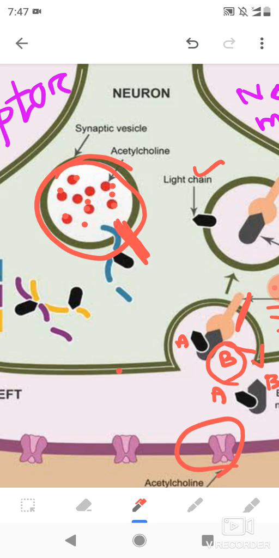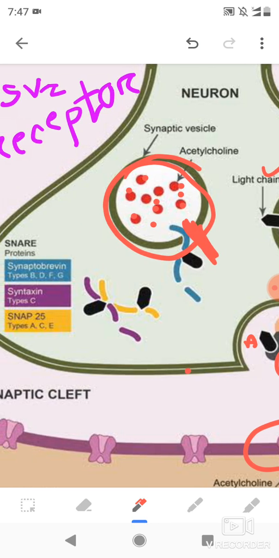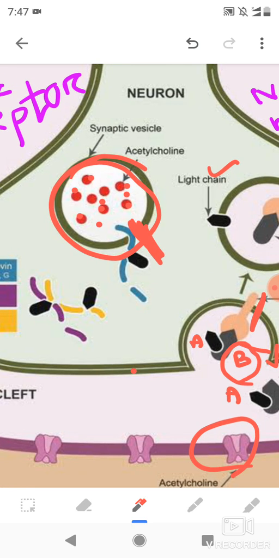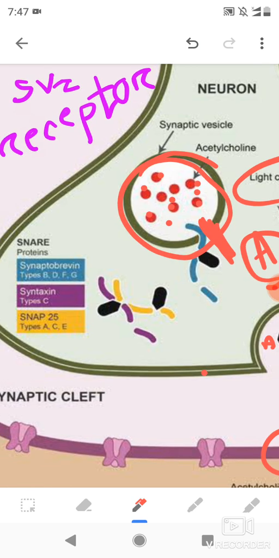It is inhibiting the release of acetylcholine, and because of the proteolytic activity of the light chain A, it results in the cleavage of many SNARE proteins: synaptobrevin types B, D, F, G, then syntaxin, then SNAP25.